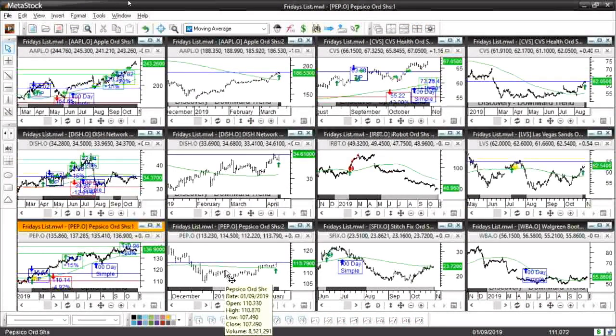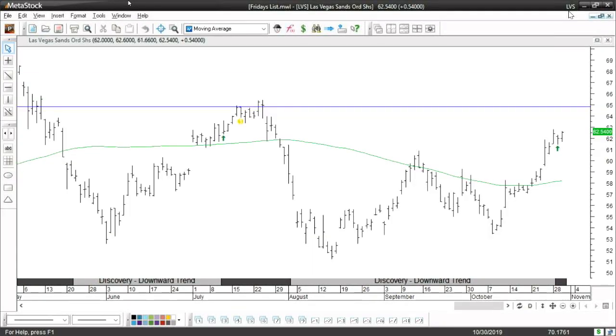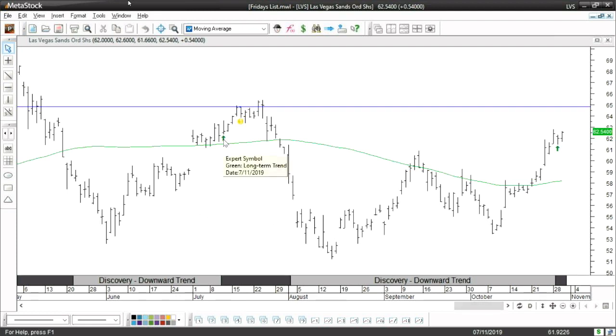All right. Show you one more example here of why you watch for the three closes when you have a yellow. Here's LVS, symbol LVS. It's Las Vegas Sands, another good company. Here's our icon, green long term. This was the trigger point. Now remember what we need on a weak strength.